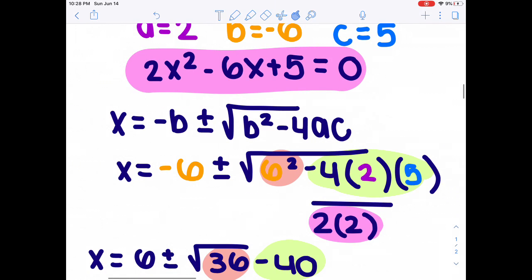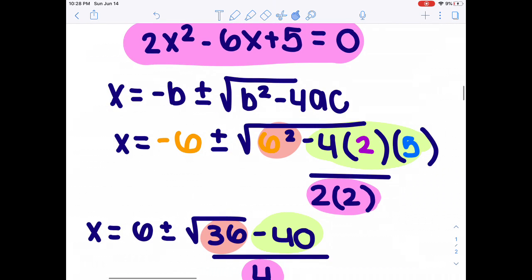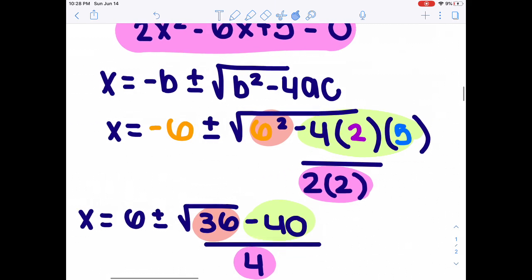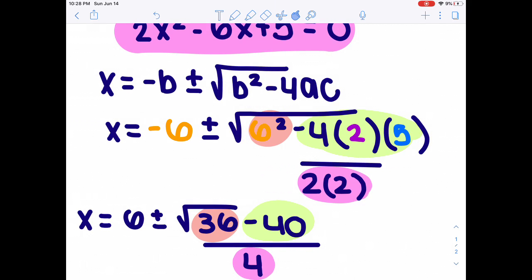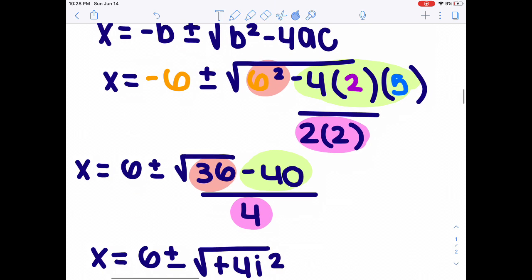Next, you are going to rewrite your formula, and then you are going to substitute the a, b, and c into your equation.